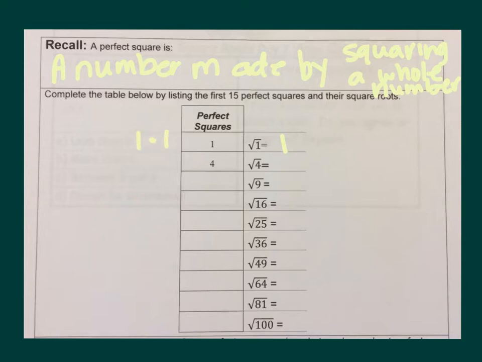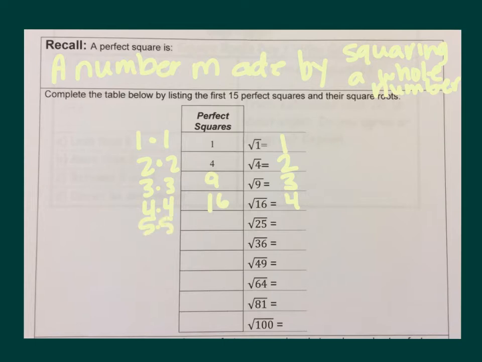So the square root of 1 is 1. 4 is a perfect square because 2 times 2 is 4. So the square root of 4 is 2. And so on. 3 times 3 is 9. So the square root of 9 is 3. 4 times 4 is 16. So the square root of 16 is 4.